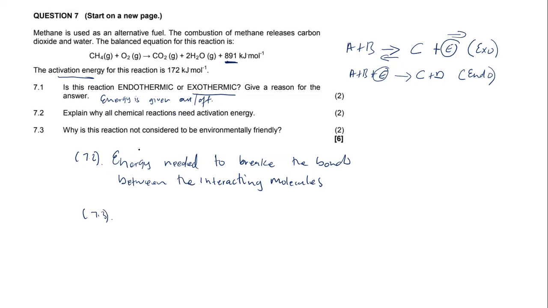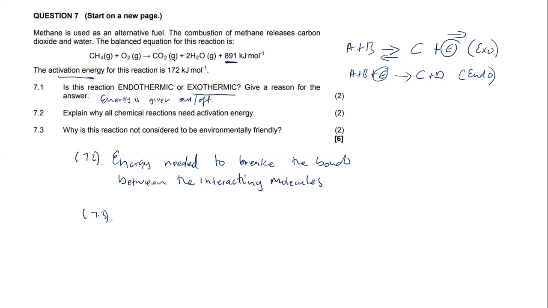Now we jump to 7.3. It says to us, why is this reaction not considered to be environmentally friendly? Look, combustion reactions are not environmentally friendly, simply because we all know that carbon dioxide is one of the greenhouse gases.